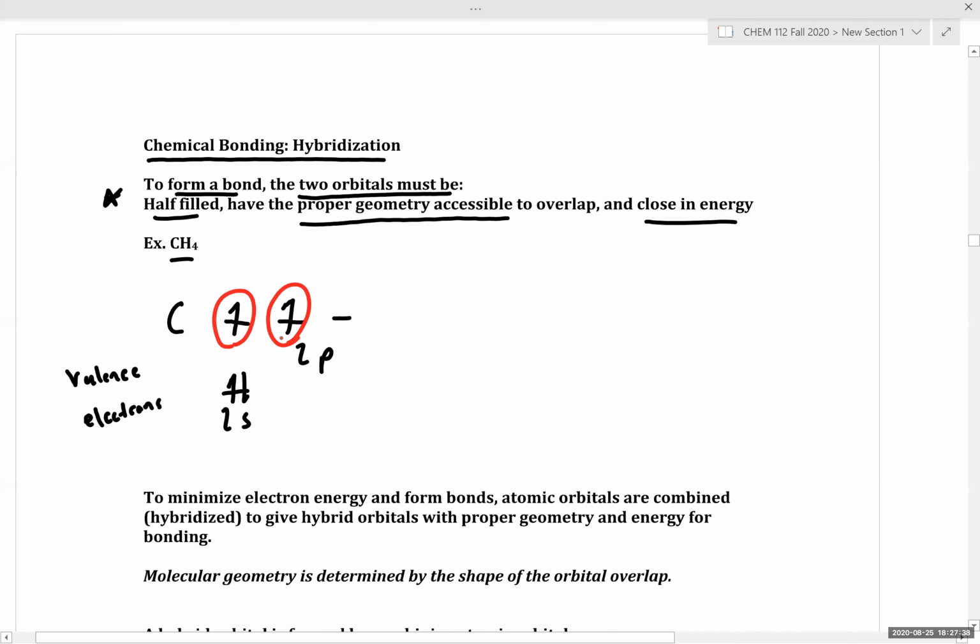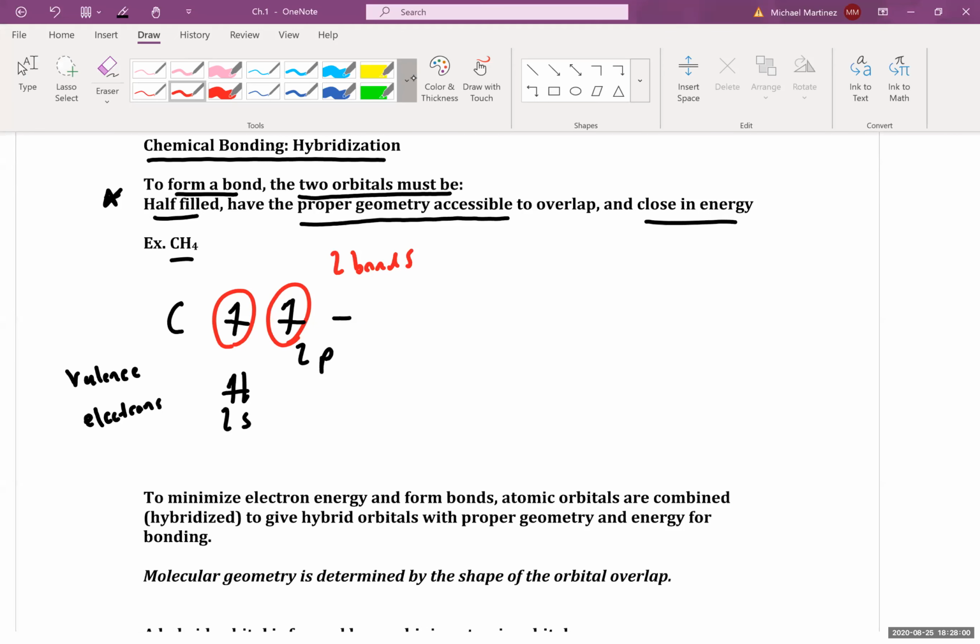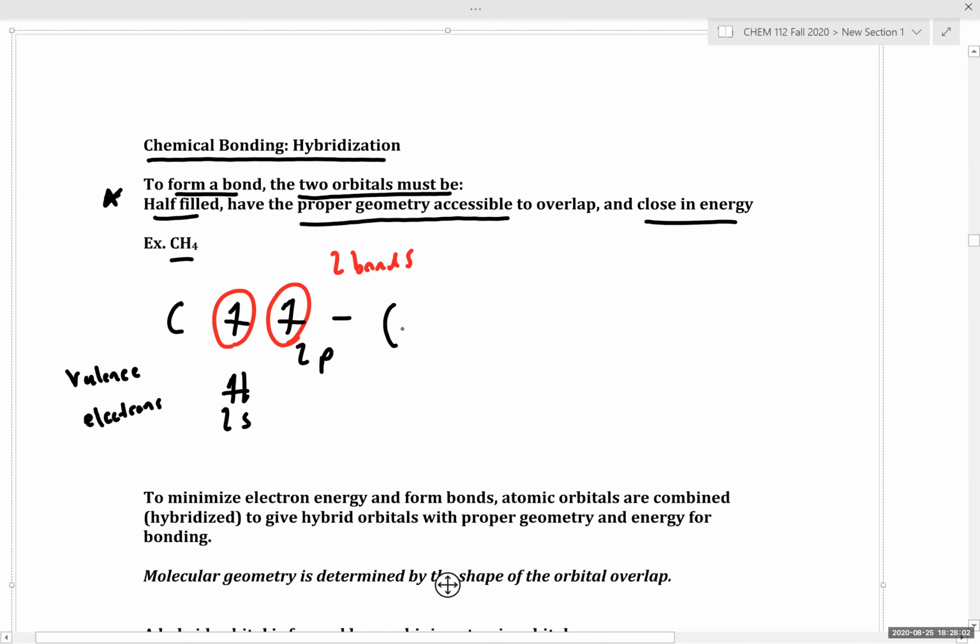How many bonds can carbon theoretically form with this current electron configuration? 2. So under our current model, we can form 2 bonds utilizing our half-filled p orbitals.